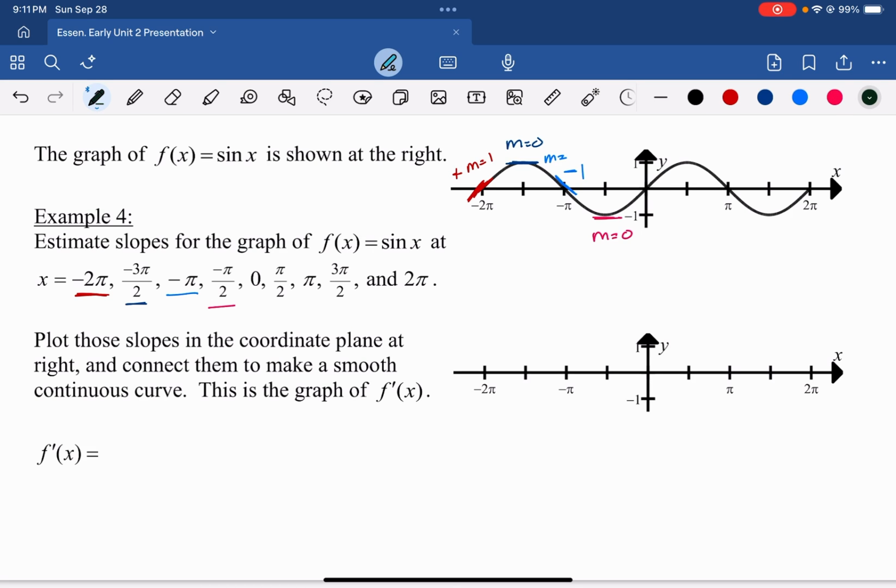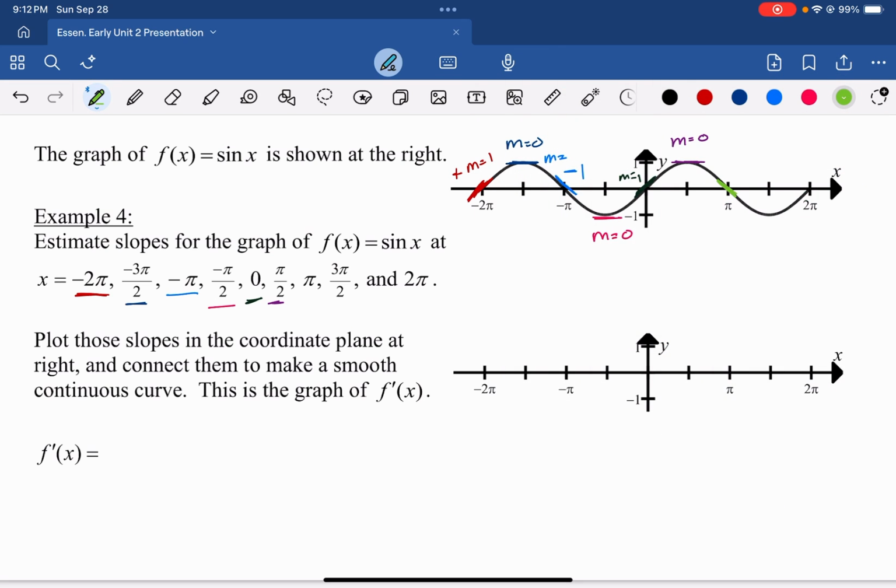At 0, our slope is a positive 1. At pi halves, we have a slope of 0 again.